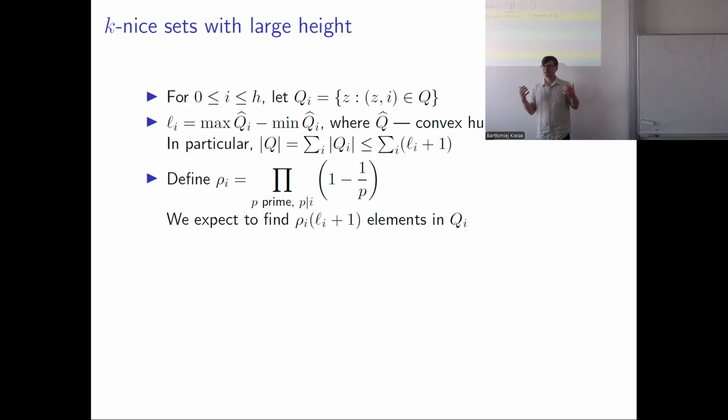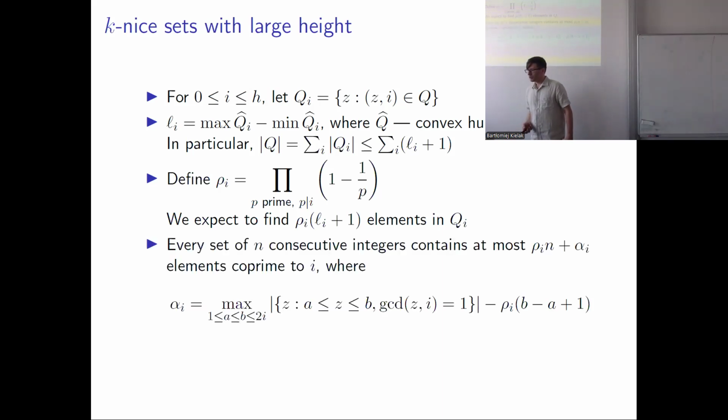But of course, so far I was only considering the ideal situation. So we need to make some minor correction, because we can expect some kind of error if the length of the interval is not ideal. But fortunately, this error can be computed. I define it as alpha i.